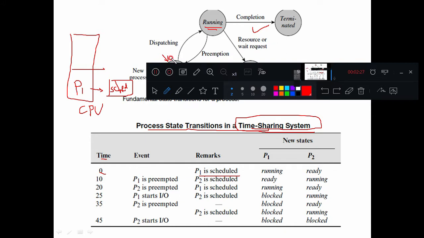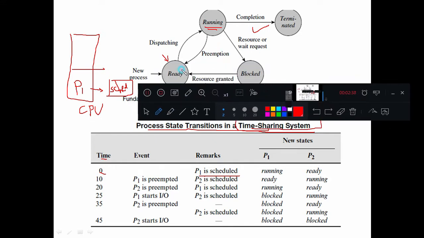Once the CPU is allocated to P1, its state will be changed from ready to running. So initially P1 is in running state, and one more process P2 is in ready state. Now the CPU is allocated to P1, P1 is running, and P2 is waiting for the CPU.